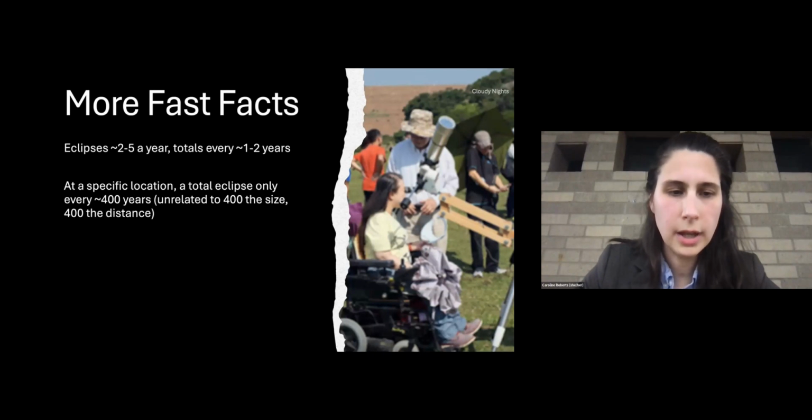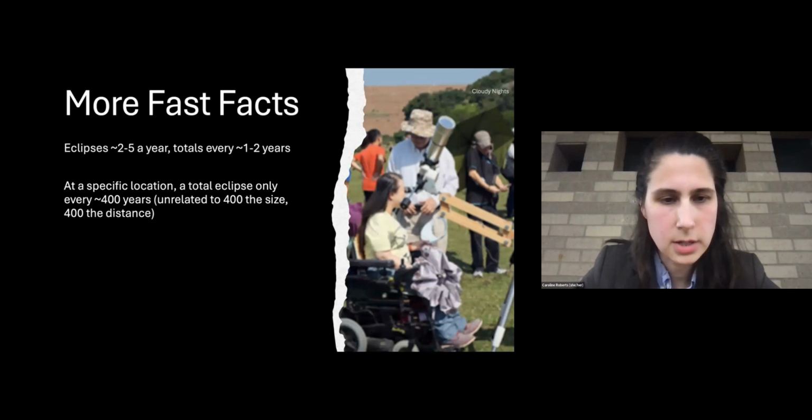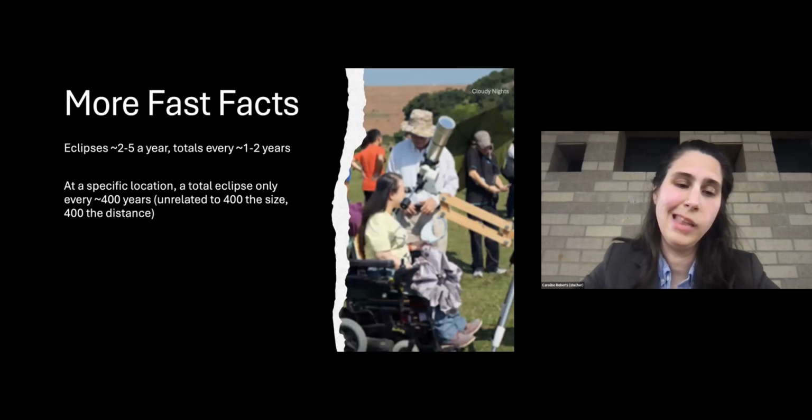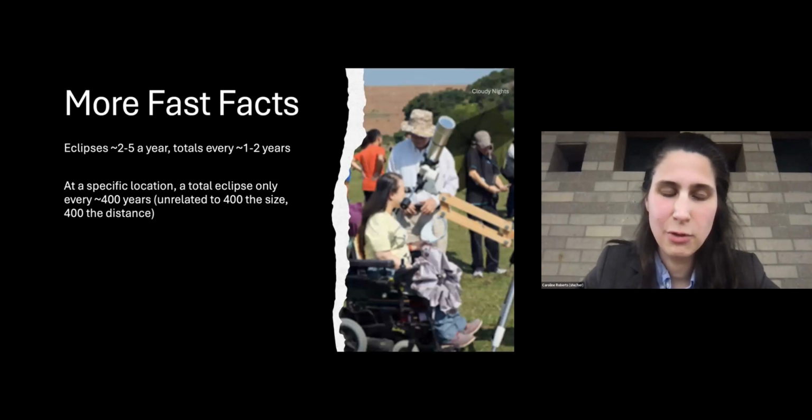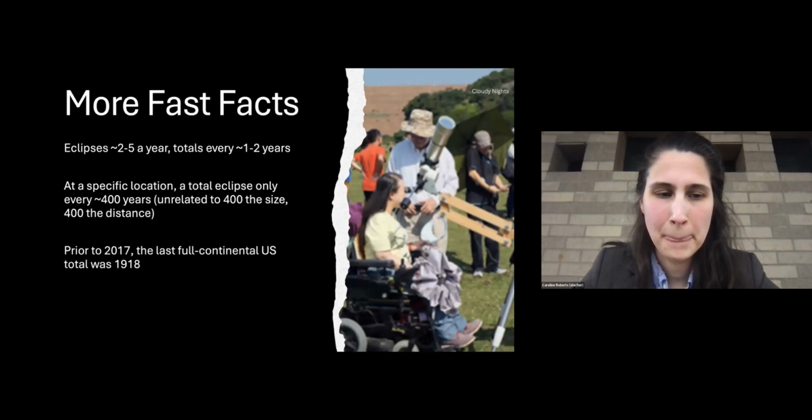And so wherever you live, wherever you go to school or go to work, that place is only going to see a total solar eclipse every like 400, 300, 500 years, incredibly. Now, of course, we had a total solar eclipse in North America in 2017, as many folks may remember.